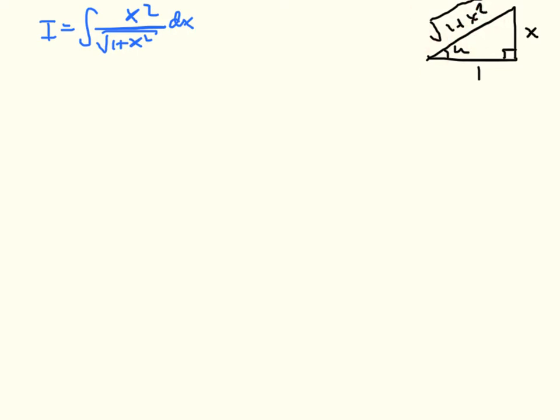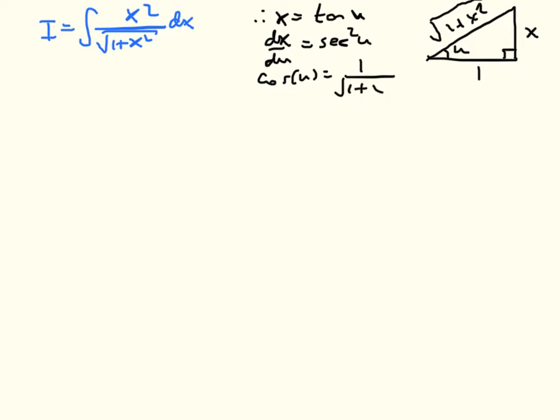So the tangent of u is equal to x over 1, or just x is equal to the tangent of u. And dx du, which we'll need in a moment, is sec squared u. And we also have that the cosine of u is 1 over the square root of 1 plus x squared.